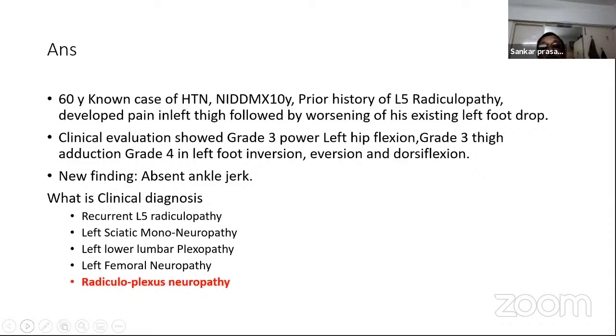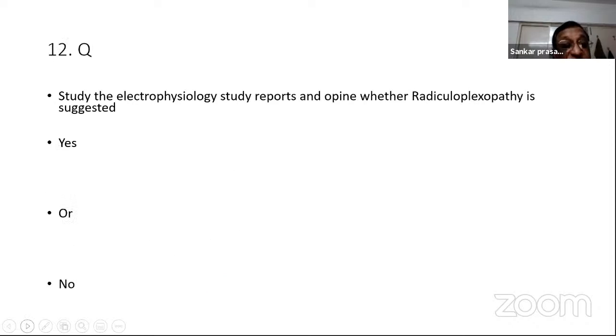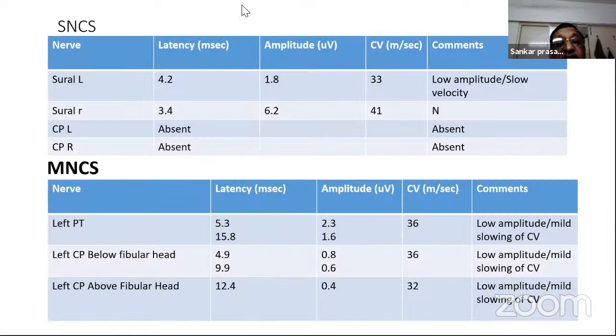As I said, when plexus is involved, usually trauma and cancer, but diabetes can pitch in. So study the electrophysiology study reports and opine whether radiculoplexopathy is suggested or not in this. You study this. Sensory nerve conduction studies have shown sural left low amplitude, slow velocity.